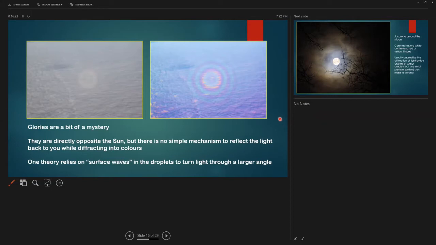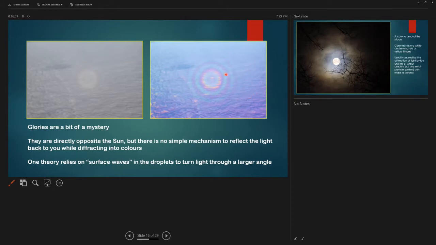Because in a water droplet, when the light ray enters the droplet, say this is the droplet, it comes in from the side, it's reflected and reflected, but it doesn't come back out straight this way. It comes out at an angle like that. So there isn't any way using conventional reflection and refraction phenomena or physics to be able to explain how the light ray came exactly back toward you.